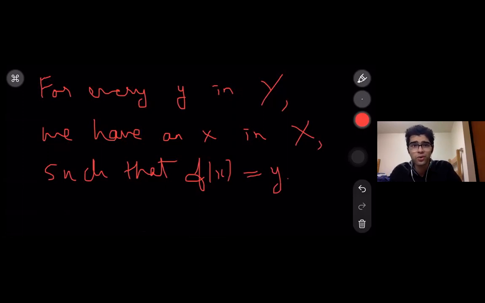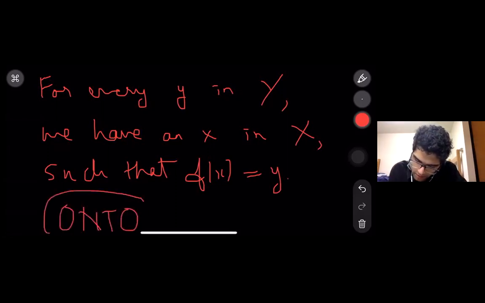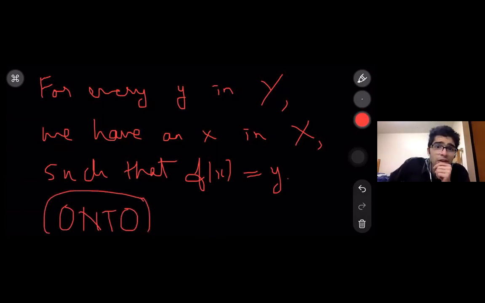I want one of you to explain this to me after some time. So what am I doing? I'm defining an onto function, by the way. For every y in big Y, we have an x in big X such that f of x equals y. So think about this definition.